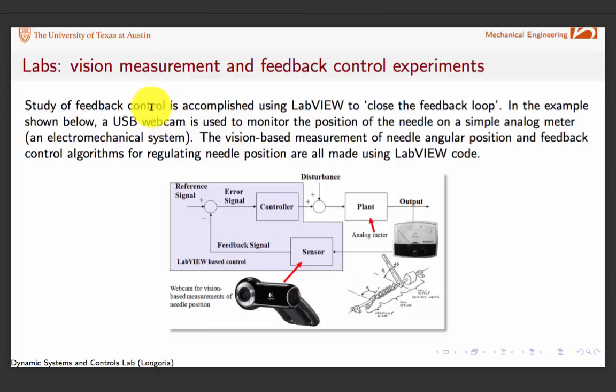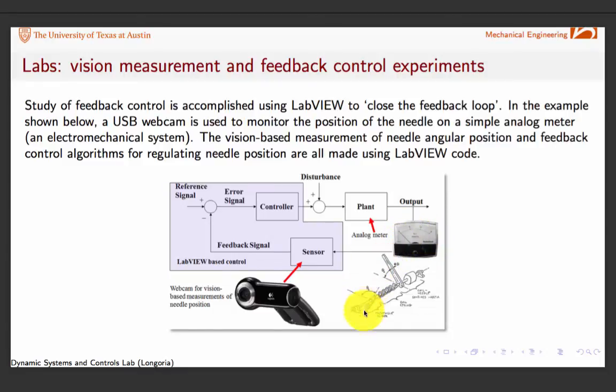Finally, in our controls experiment, we step into that by introducing measurement using vision. We use vision to measure the motion of this needle on this little analog meter, which is a simple way to measure voltage, but we use this as a dynamic system.